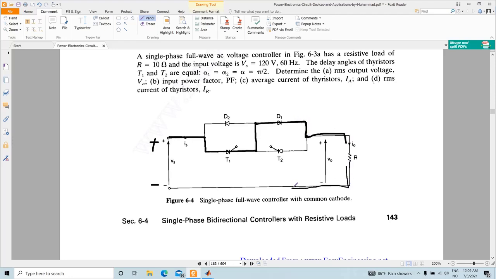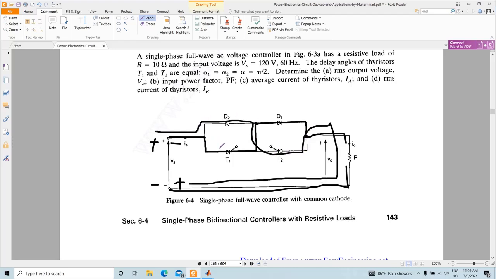Then after the current zero crossing, this thyristor ceases to conduct, and then the polarity reverses, so the current starts flowing like this, and it goes through these thyristors and through this diode and leaves.